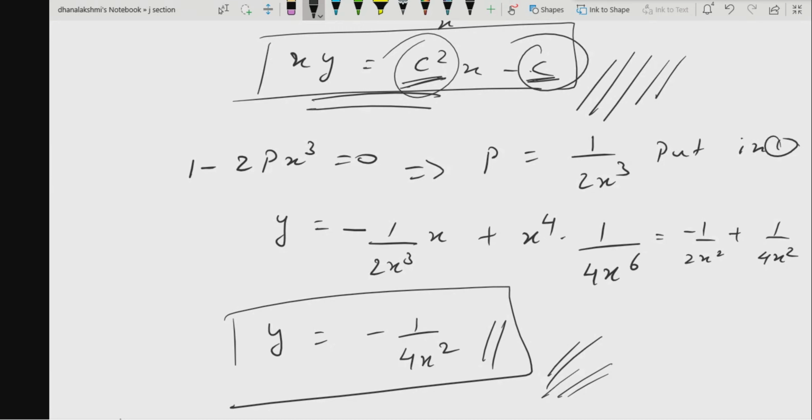So if you have enough time while writing the exam, you can mention this. You can put a note and write down: if you eliminate P from the second factor, then you will get y is equal to something which is free from arbitrary constant, and such a solution is called a singular solution.